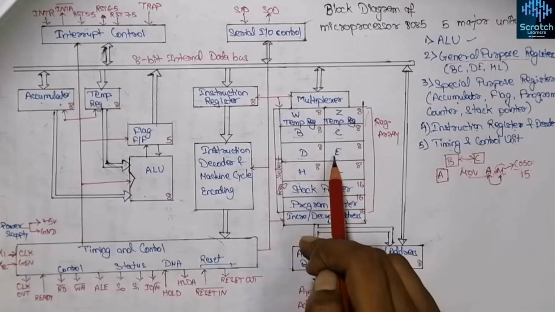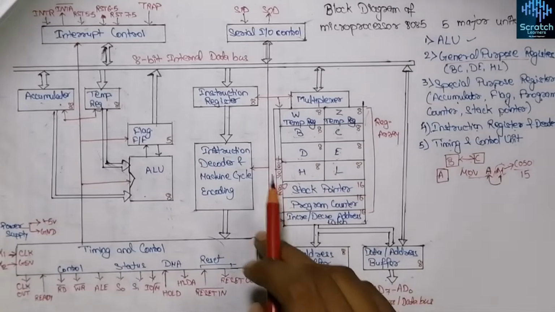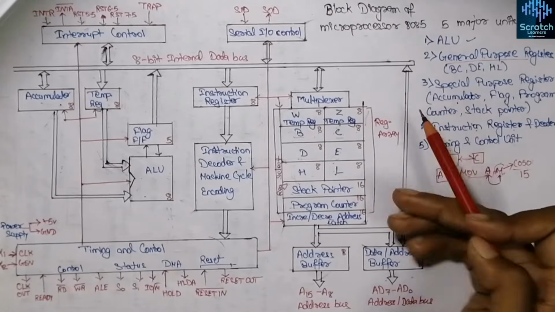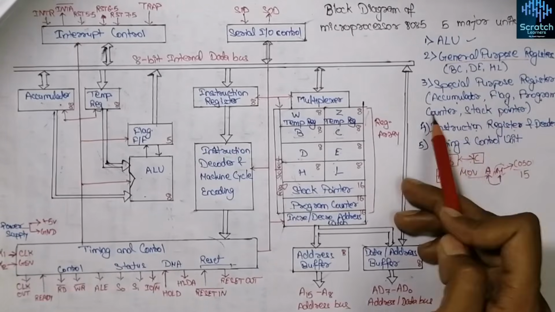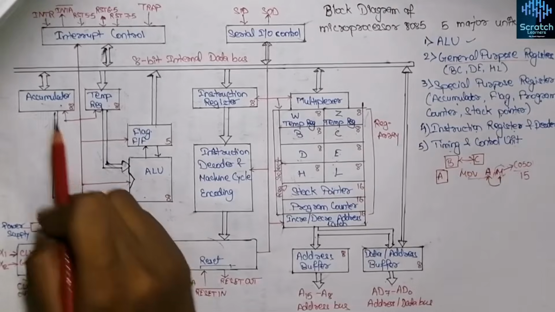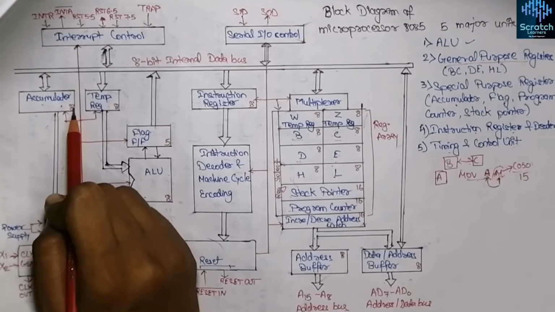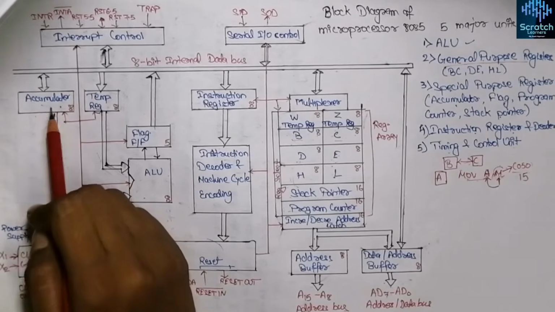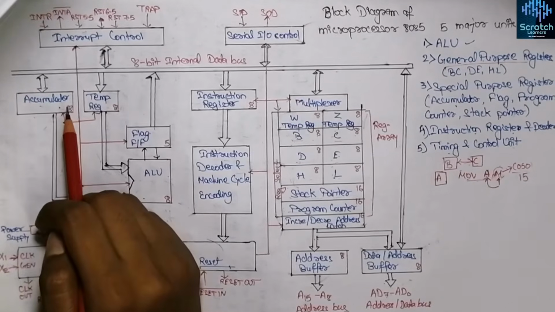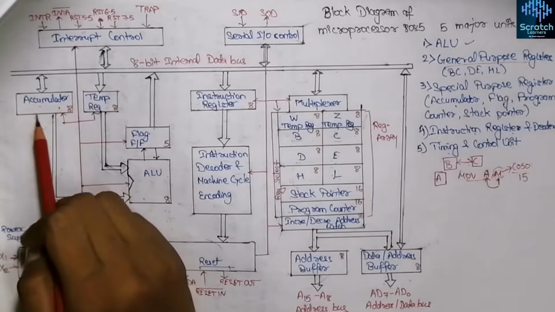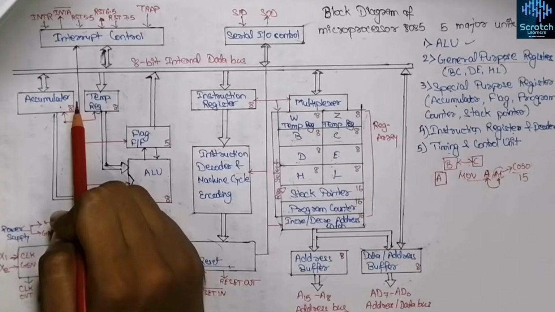Now let's see the functions of special purpose registers. As the name suggests, these are dedicated to a specific function. Accumulator is the most important 8-bit register of the ALU, and it is used to perform arithmetic and logic operations. The most important thing is that the output of all the operations is stored in the accumulator.